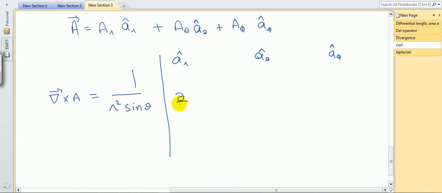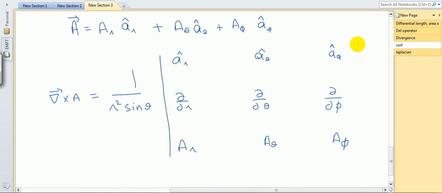Here del by del r, del by del theta, del by del phi, and here ar, a theta, a phi.